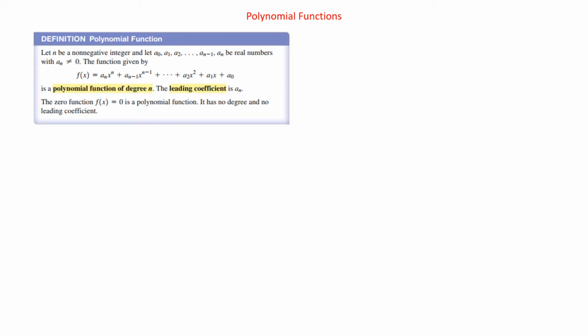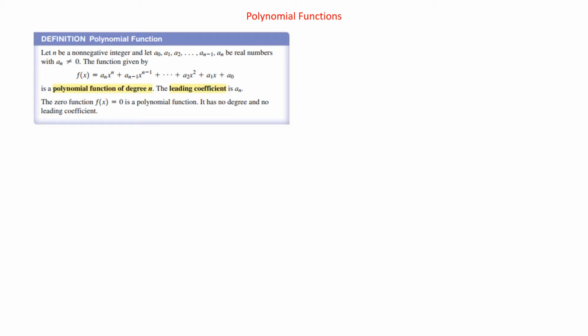And that's basically it. The numbers in front are called coefficients. The exponents themselves are called degrees. The highest degree is the degree of the polynomial. The leading coefficient is the number in front of that term.